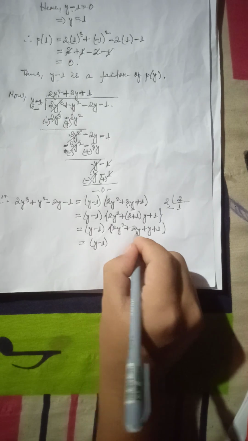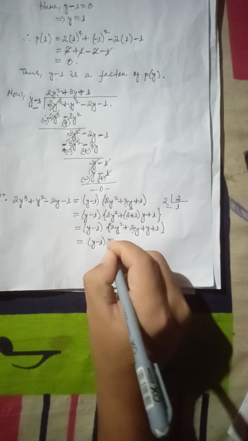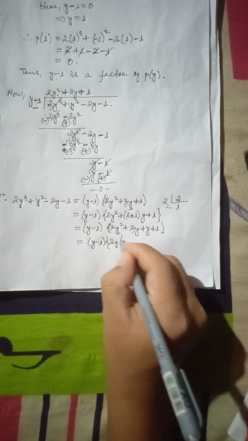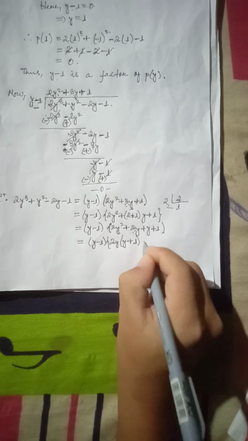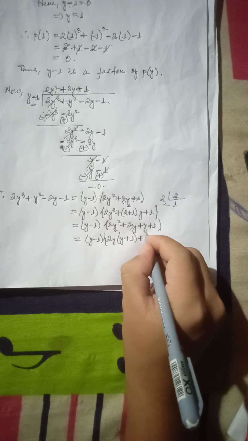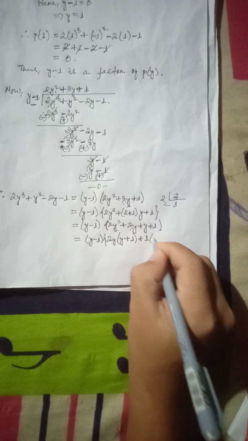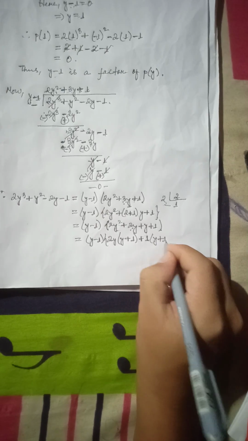Now let us try to take common out of these 2. It will be 2y. 2y into y will give you 2y square. 2y into 1 will give you 2y. Here, other than 1, we can't take any common, so let us take 1, 1 into y plus 1.